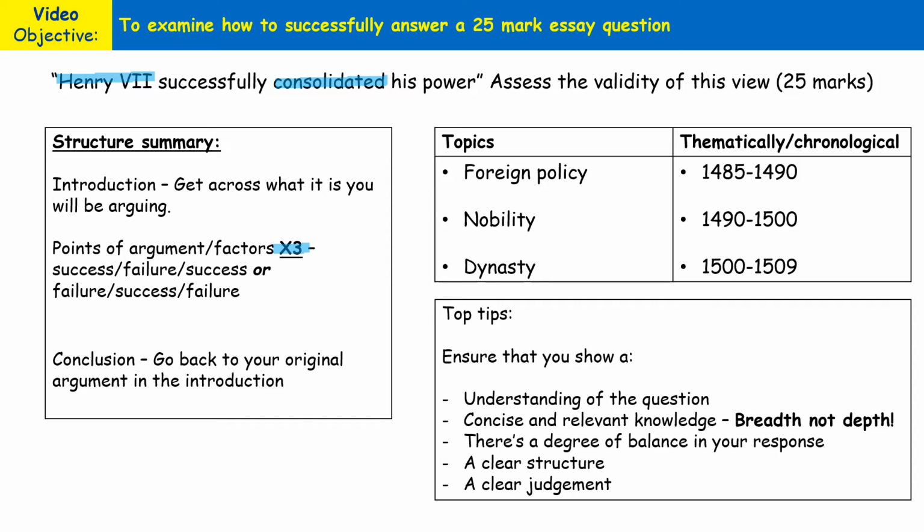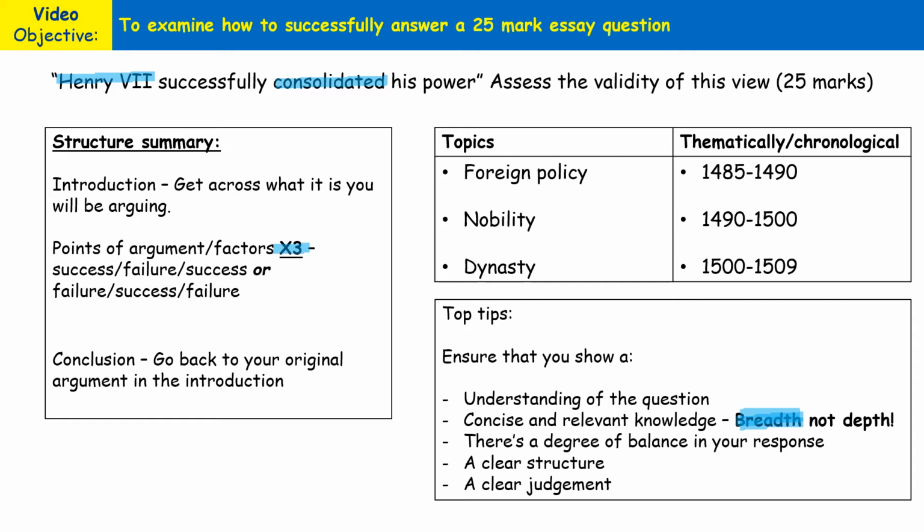You need to also make sure that you use concise and relevant knowledge. And don't forget, the Tudor paper 1C is a breadth paper, not the depth paper. So you need to ensure that in your answer you cover the period in question. So you should be looking to cover the methods that Henry VII used to consolidate his power from 1485 until 1509.